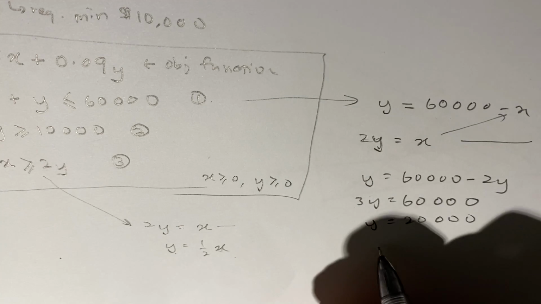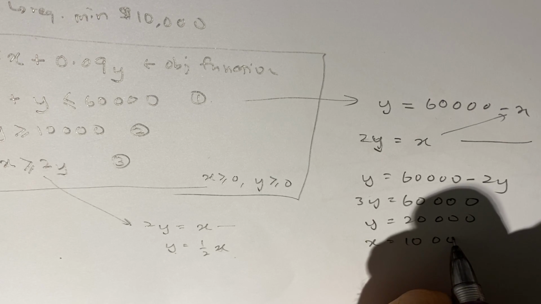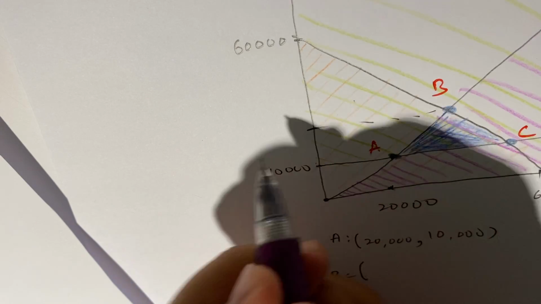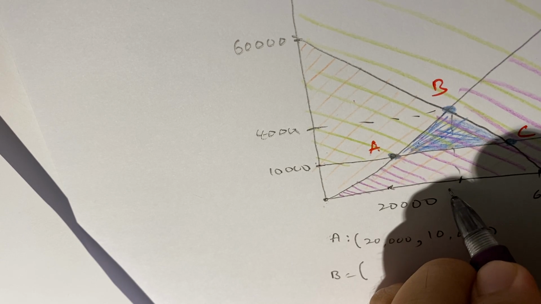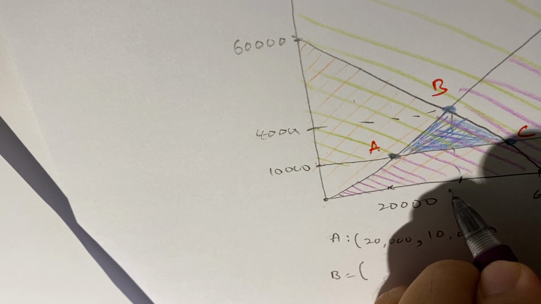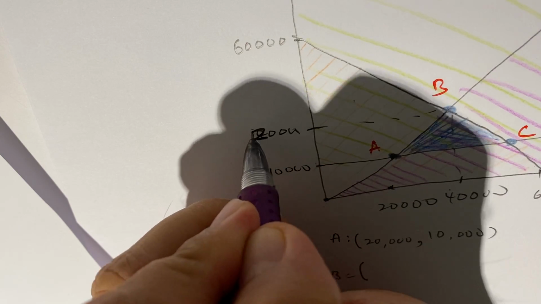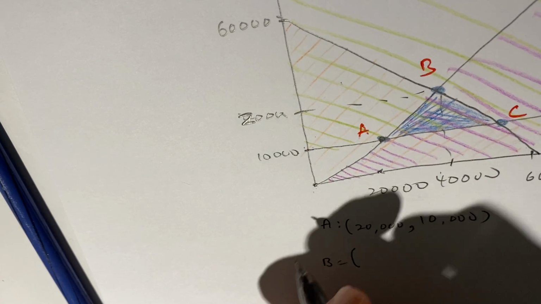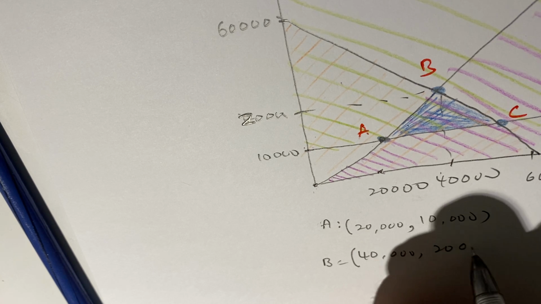When y equals 20,000, what is the value of x? x equals 40,000. So now we have the coordinate for B, which is 40,000 and 20,000.